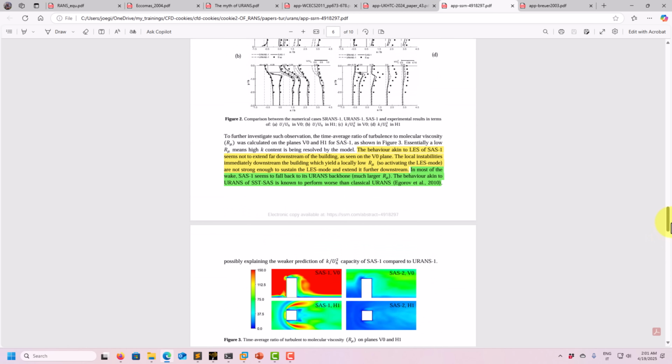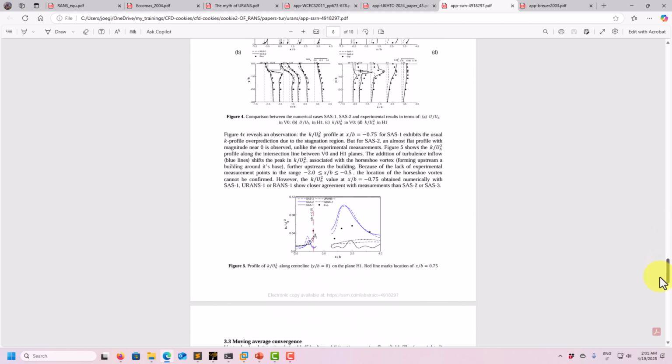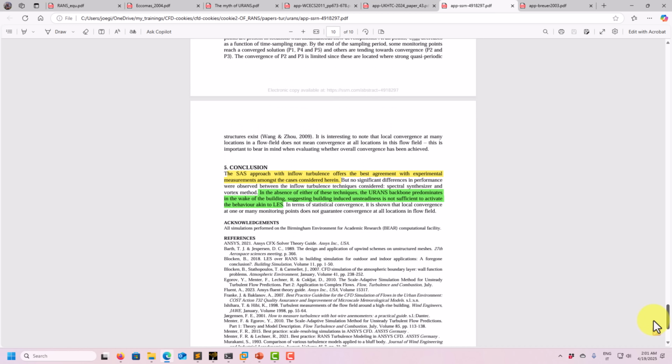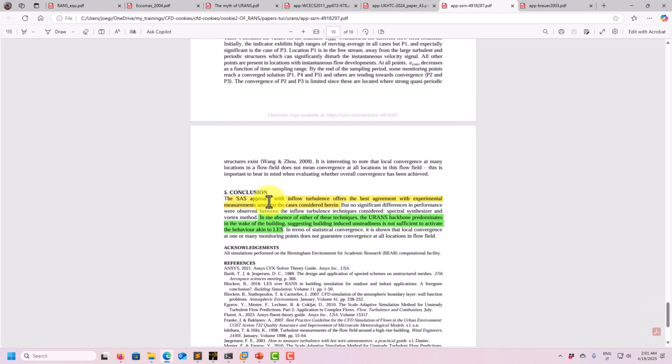So I put some of my own comments there, but let me move to the conclusions. Basically, in this case, now the SAS, the scale-adaptive approach, with inflow. Remember that we talked also that sometimes you need to add that forcing. So in this case, they added a forcing in the inflow, some fluctuations, and with inflow they managed to get a good agreement with experimental results.